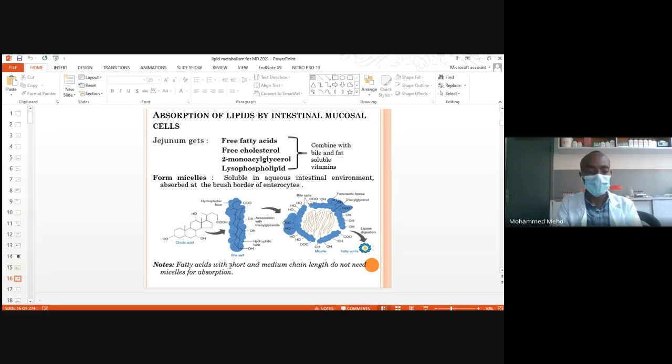They are soluble in water, therefore they can be absorbed directly into the portal vein. So there is no need for micelle formation for short and medium chain fatty acids. Then after micelle formation, there is passive absorption into the enterocyte.